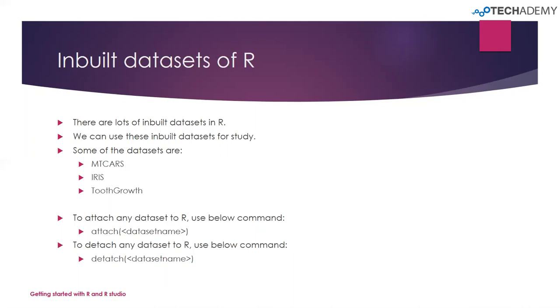It is the same as loading and detaching libraries. In the previous session, I explained that once any library or any dataset is loaded in memory, it occupies memory. Once you are done with that particular library or dataset, you should detach it.